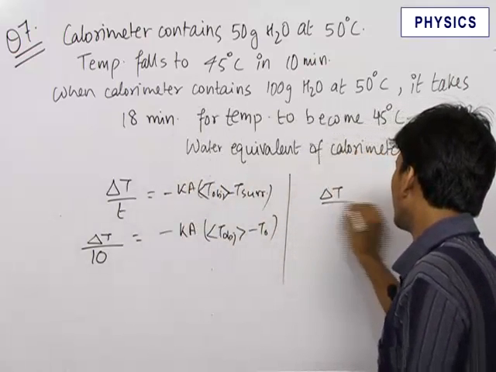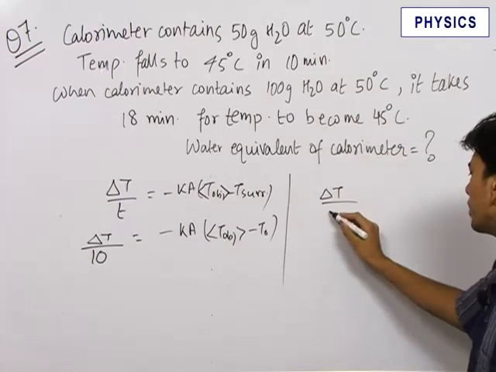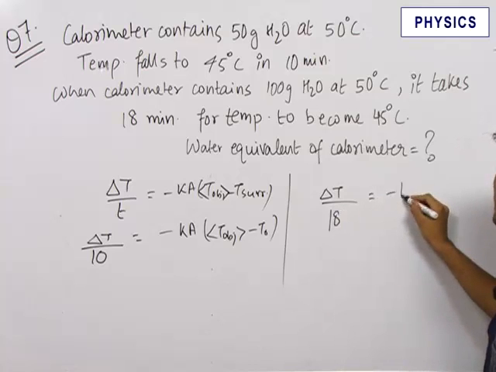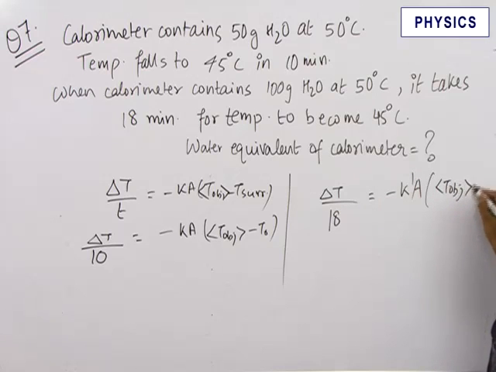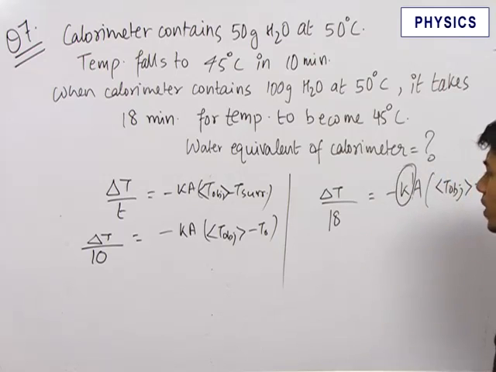For the second part, there is the same change in temperature delta T, so the rate of decrease of temperature can be written to be equal to delta T upon 18. This is equal to minus of K dash into A into the same T object minus T naught. This remains the same. The only change is that there is a K dash over here.